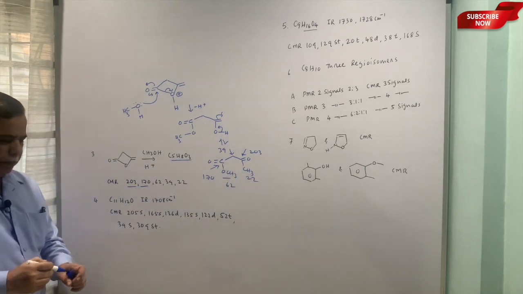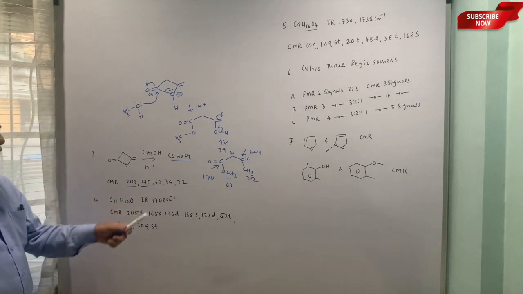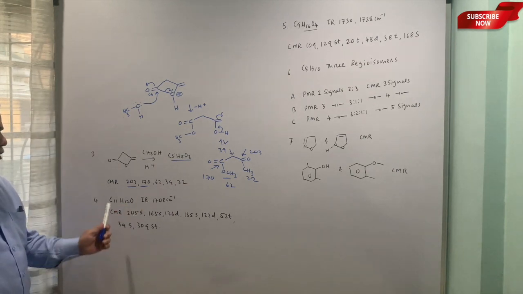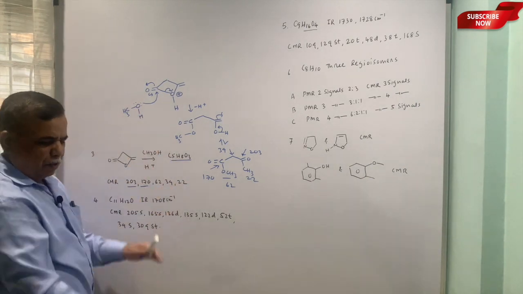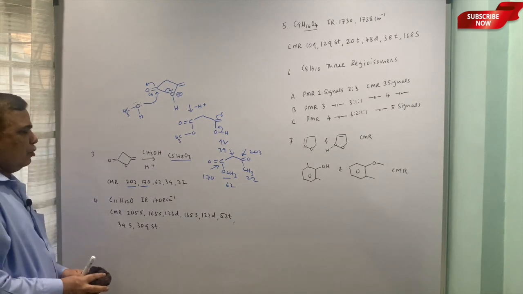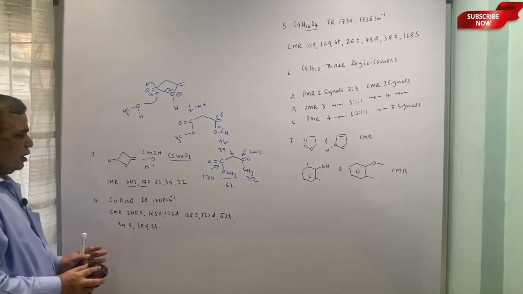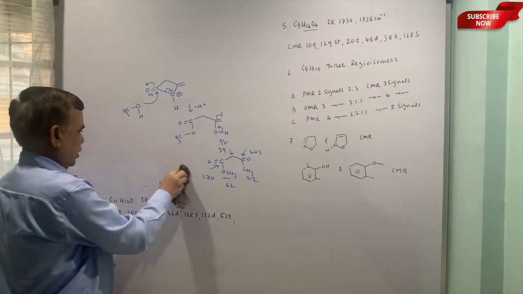So that is the assignment of carbon NMR peaks, and that is the structure. So there is a small rearrangement, the ring opening of the lactone and then keto-enol tautomerism. That is how the compound comes out to be.